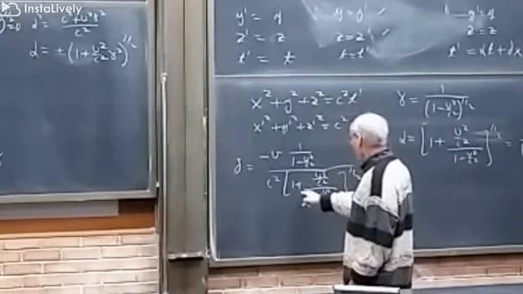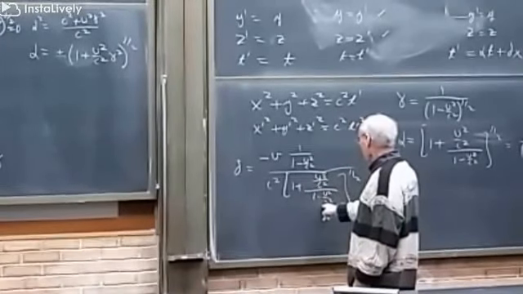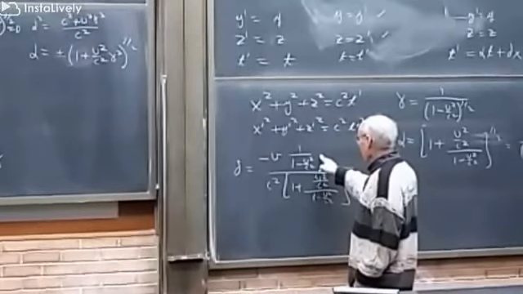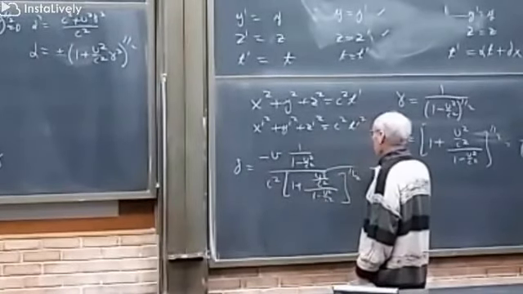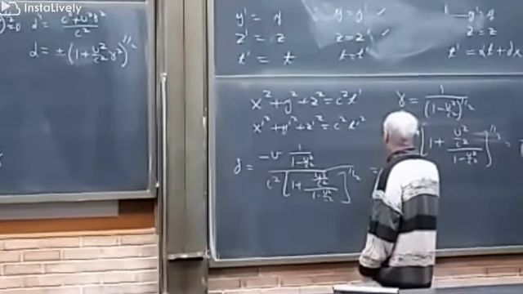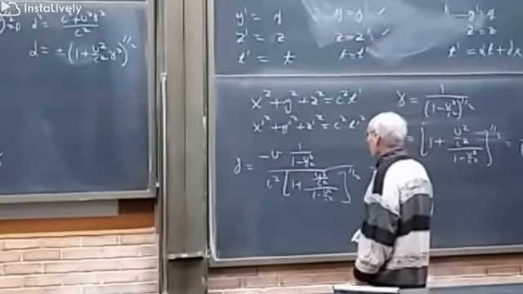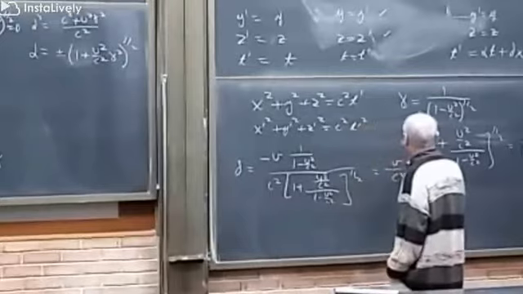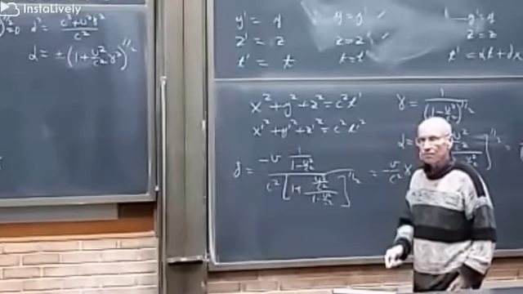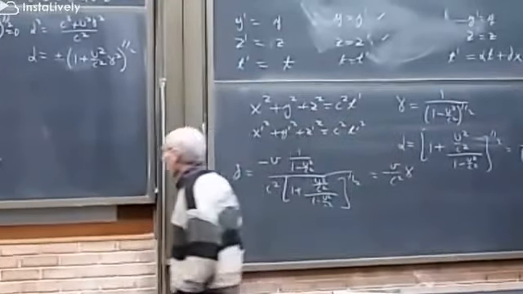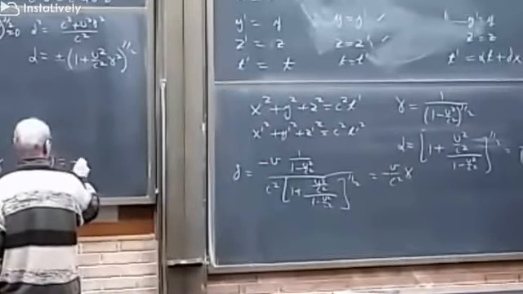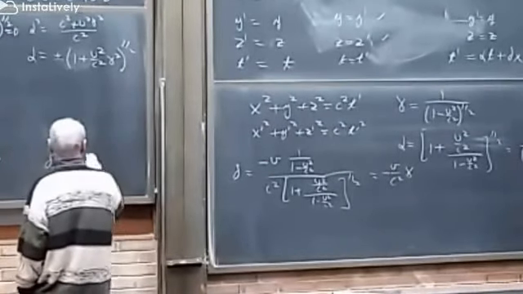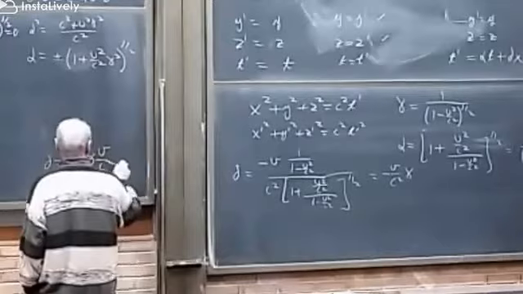All right, so that gives you just 1 over this. Bring it up here, and so what you get is minus b over c squared, and then we're just left with 1 over the square root of that, which is gamma. And so delta is equal to minus gamma b over c squared.